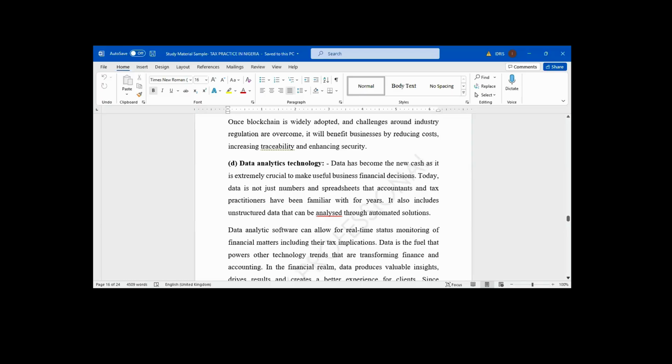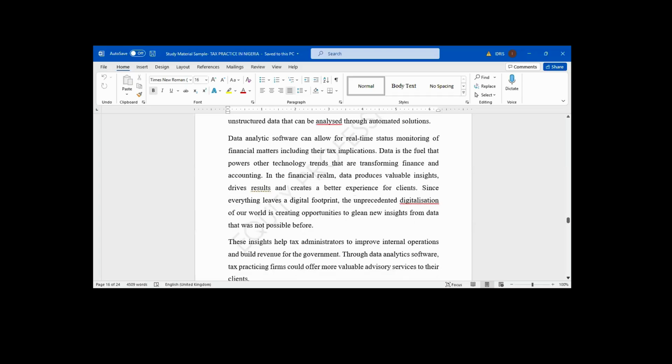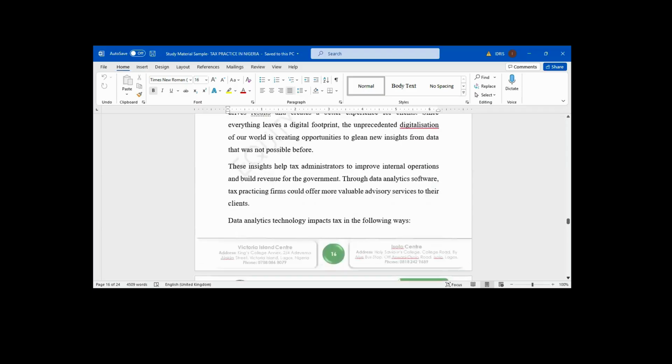Tax practitioners should make use of data analytics technology to help clients compute their capital allowance, to help clients compute their company income tax, to help clients do some tax planning, analyze their data to get results. So that is what data analysis technology is, like Microsoft Excel, all this software, accounting package.